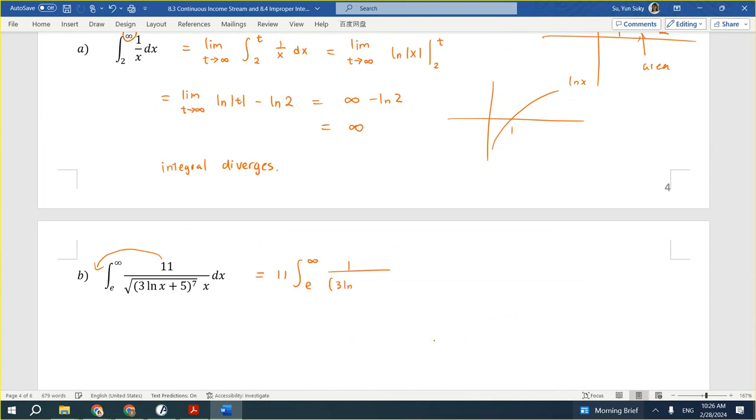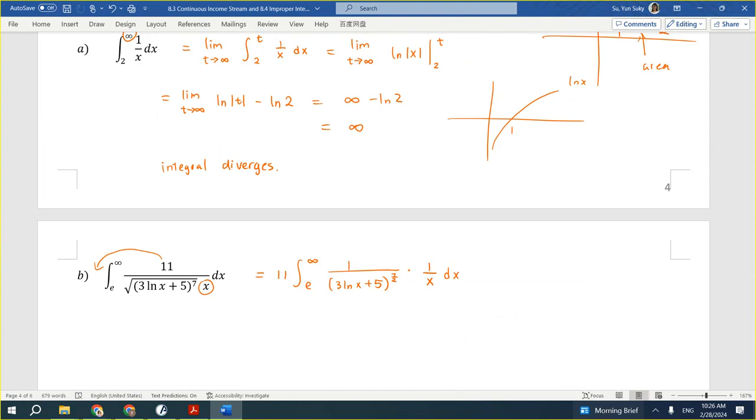This is 3 ln x plus 5 to the what power? Exactly. And then do you see this x? So it's in the denominator, right? It's like this function times 1 over x dx.